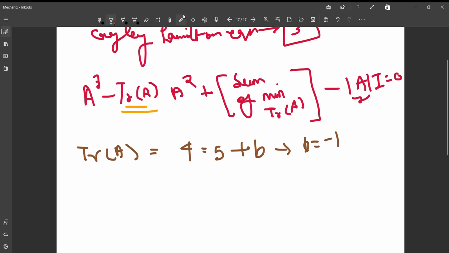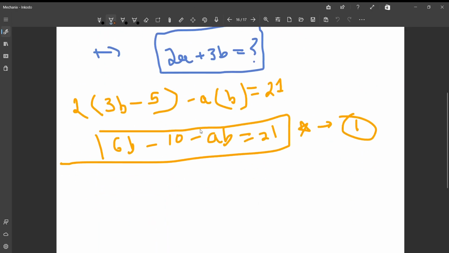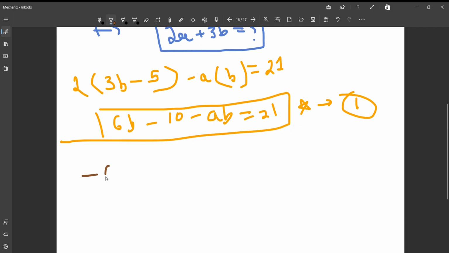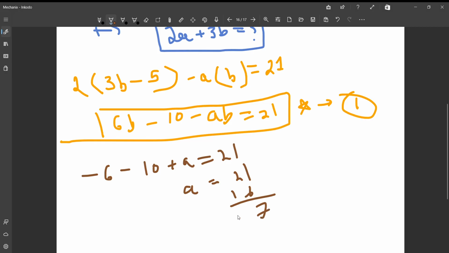Now that we've gotten b is negative 1, let us substitute in the first equation: minus 6 minus 10 plus a is 21. That gives a is 21 plus 16, that's 37.